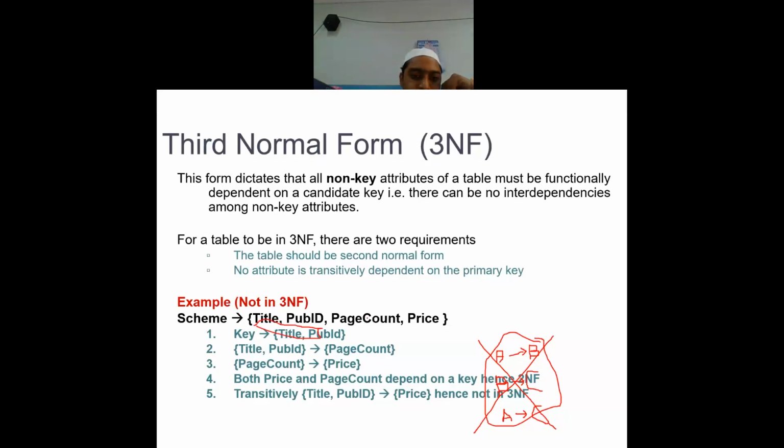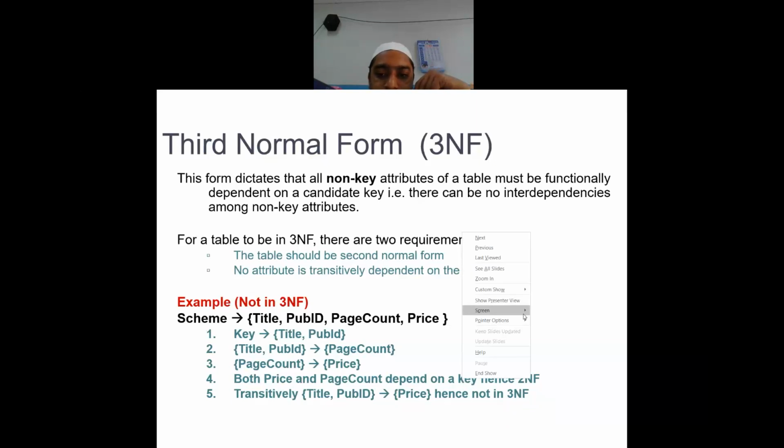Now, since the title, publication ID, page count, and price are the attributes, and the key that is given is title, publication ID, let us see what are the non-key attributes: page count and price.